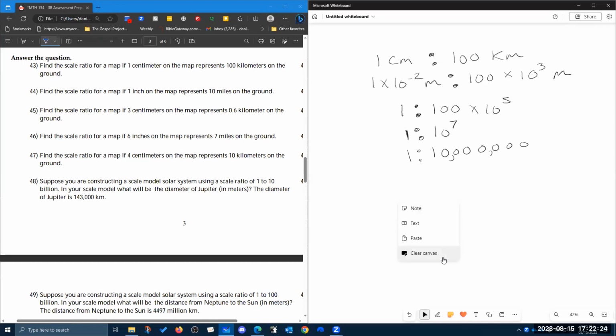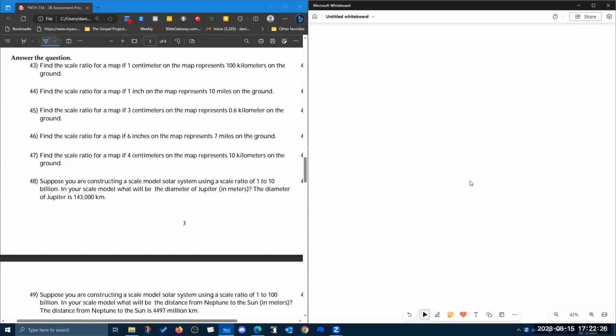So if 1 inch on the map represents 10 miles on the ground, then we're going to have to do some conversions here to get from miles to inches to figure out what the scaling factor is.